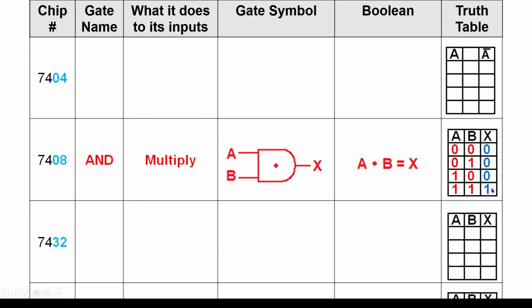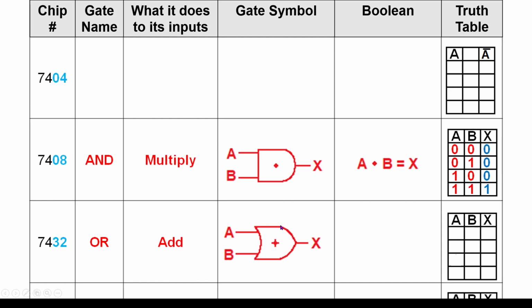The next most fundamental gate is going to be the 32, the 7432. It is known as the OR gate. The OR gate adds. That's what it does. So the OR gate has a symbol that looks a little bit like the other one, except it's not a letter D. The AND gate is rounded on the right side.